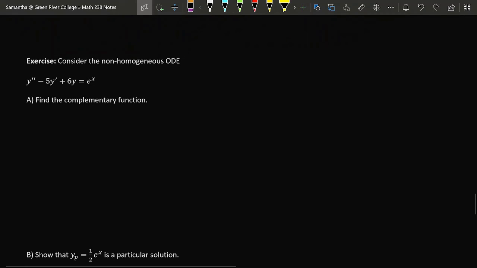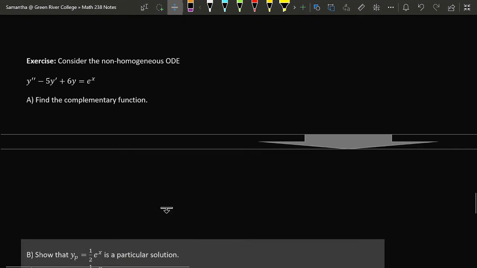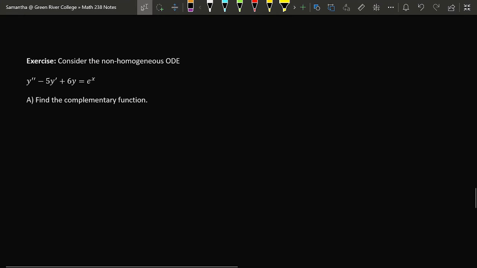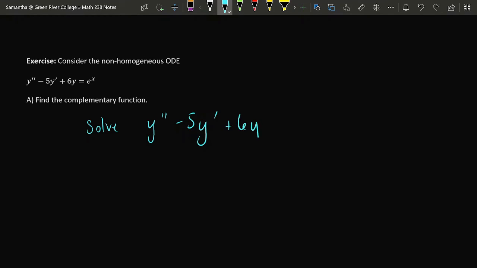We have the non-homogeneous ODE, y double prime minus 5y prime plus 6y equals e to the x. Let's start by finding the complementary function. Let's start by solving y double prime minus 5y prime plus 6y equals 0. Now once again, this is homogeneous with constant coefficients.